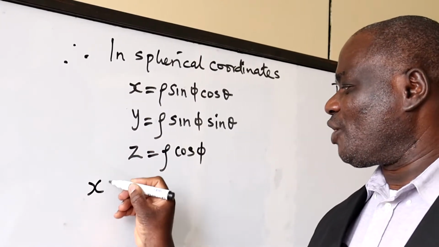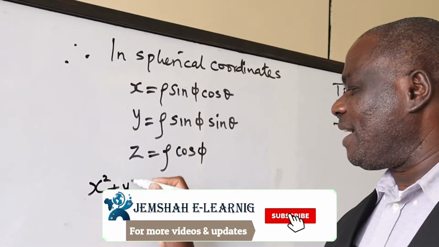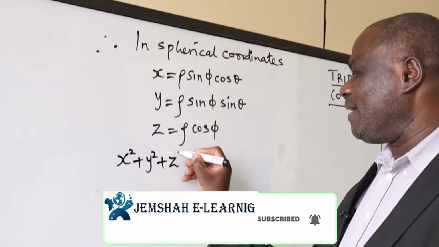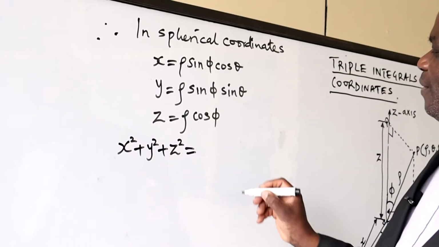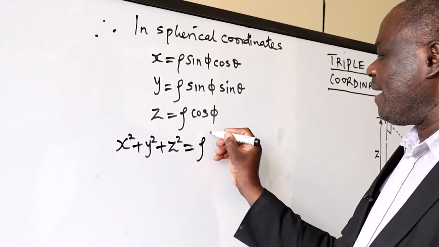Now another connection: x squared plus y squared plus z squared will always be equal to rho squared.